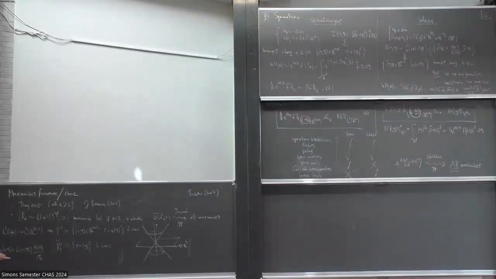And what happens, just like with the parabola, is that the 2-fold convolution of this Lorentz invariant measure is constant inside the cone. Again, boundary values don't matter because the boundary has Lebesgue measure 0.